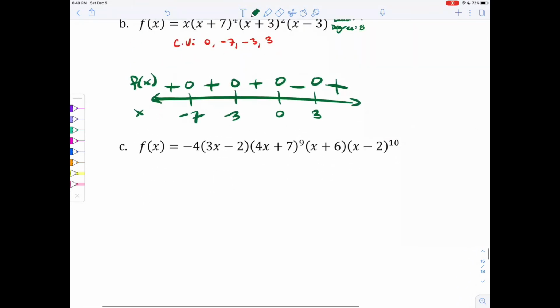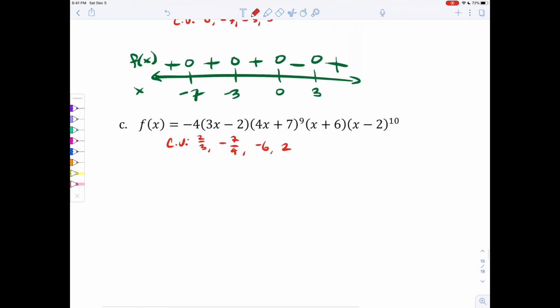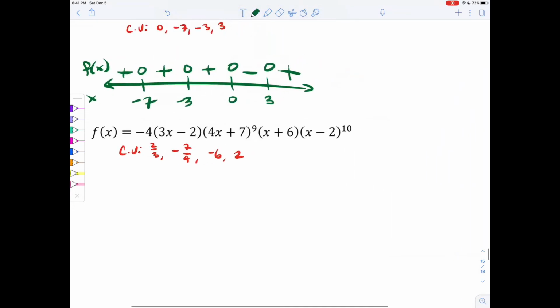Over here, critical values include 2/3, -7/4, -6, and 2. The lead of this one, do be careful a little bit, pay attention to what's in these brackets, but the lead will come from the leading coefficient within each factor.